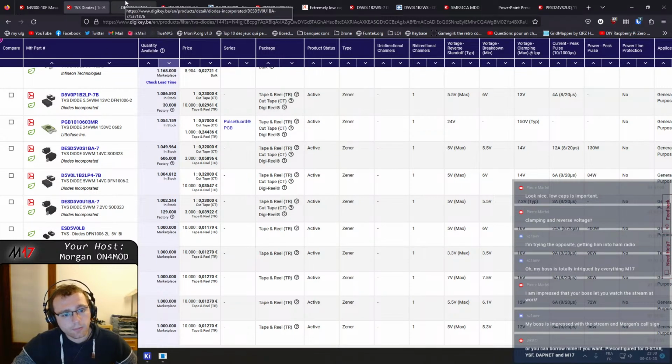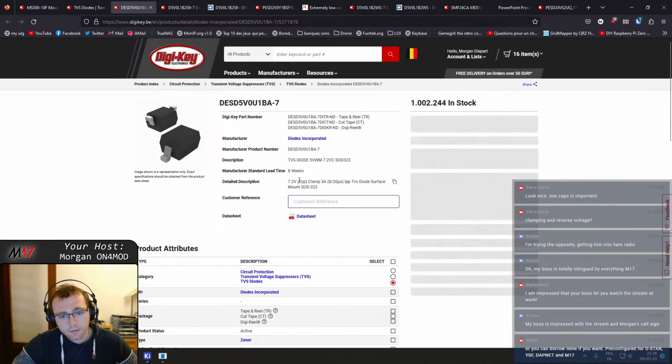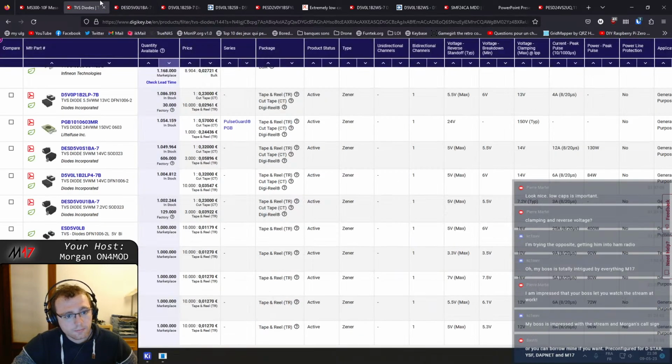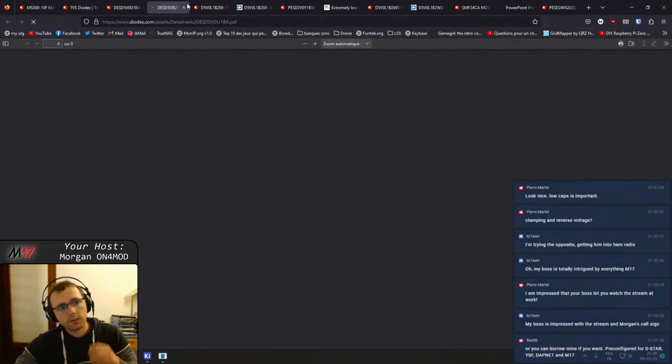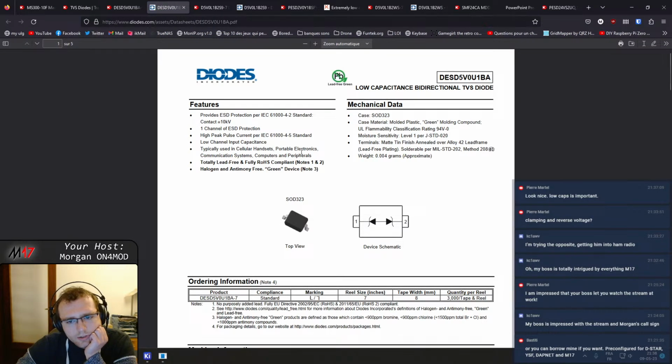So this one, for example, 7.2 volts. It does have a weird characteristics.